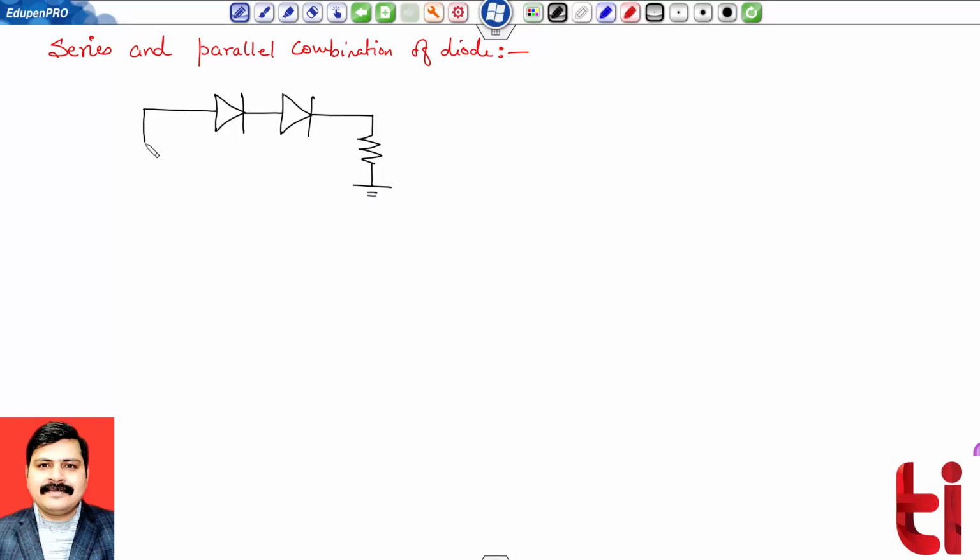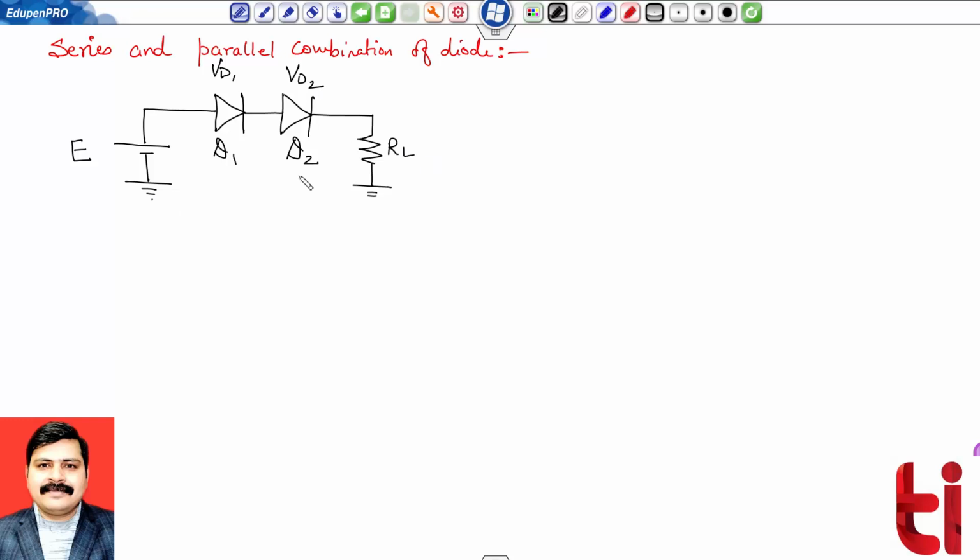This is my load. For proper functioning, consider my external supply E, these two diodes D1 and D2, and their junction voltages, suppose VD1 and VD2. This is my load resistance RL.